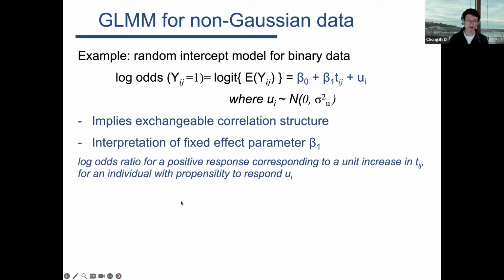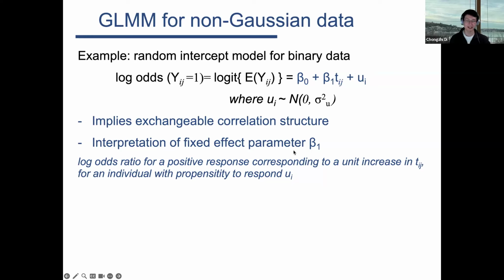Another thing I want to point out is that when you are interpreting the coefficient beta 1, remember that we need to hold everything constant, right? In this case, we have to hold UI constant. But UI is a random effect. It changes from individual to individual. So the only way to keep UI constant is to compare any individual to himself or herself, right?